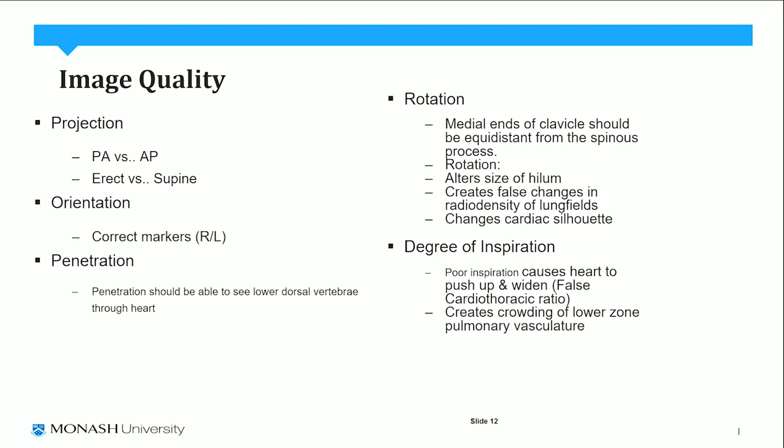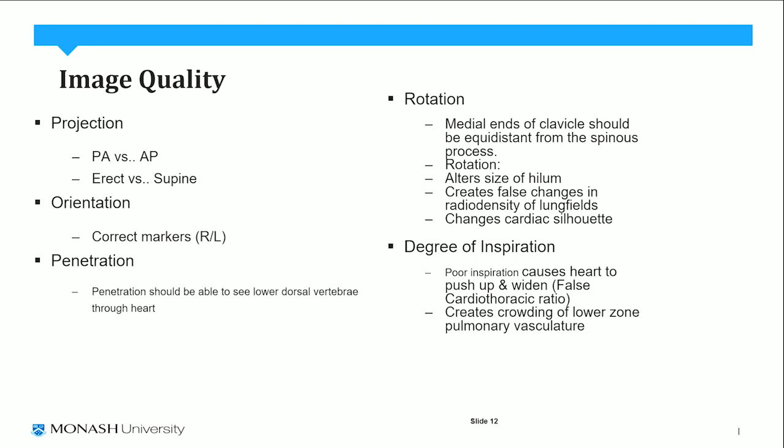To check for rotation again, the medial ends of the clavicle should be equidistant from the spinous processes. If there's rotation, it alters the size of the hilum, and it can create false changes in the radiodensity of lung fields as well as the cardiac silhouette.